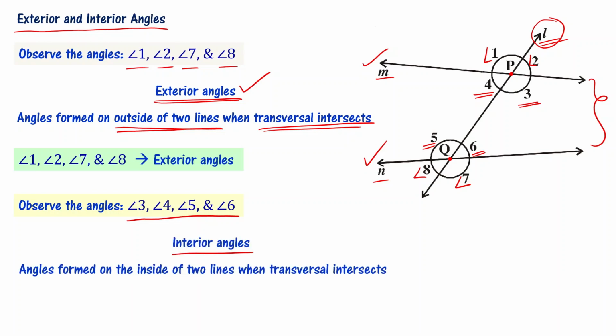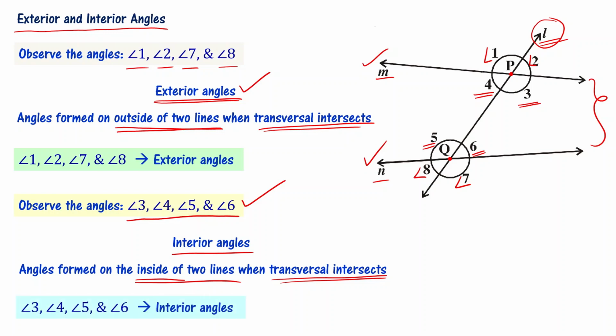These angles are formed on inside of the two lines. These angles are forming on the inside of the two lines when the transversal intersects. That's how these 4 are becoming interior angles. Understood? Angle 3, angle 4, angle 5, and angle 6 are interior angles.